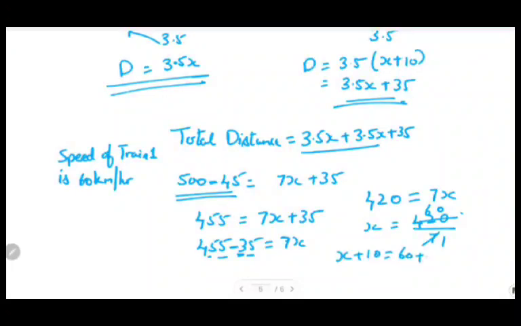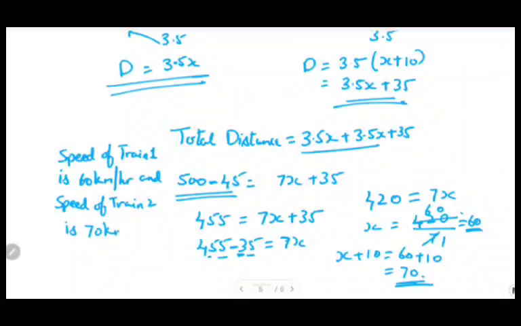So 60 plus 10, 70. Speed of train 1 is 60 and speed of train 2 is 70 kilometers per hour.